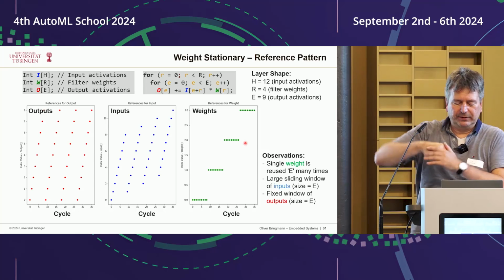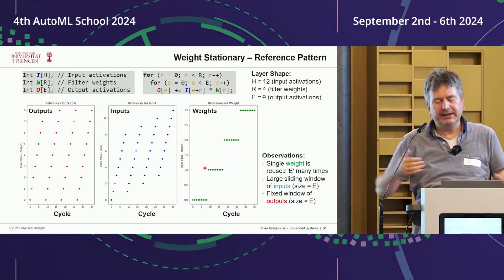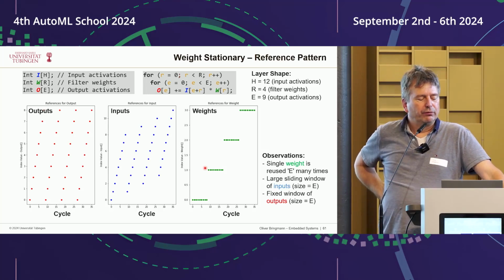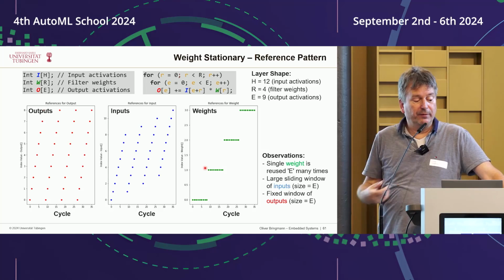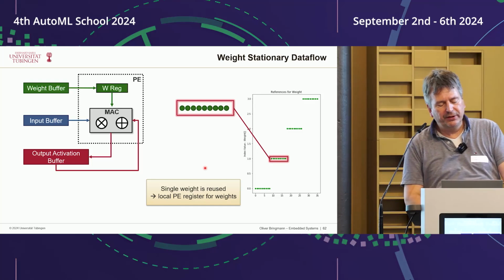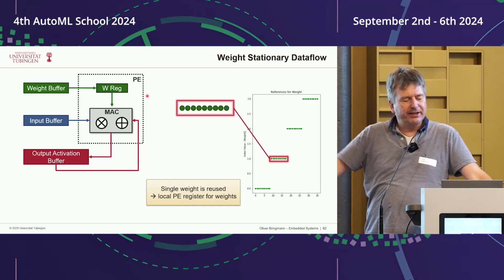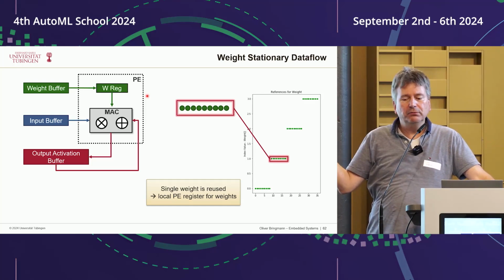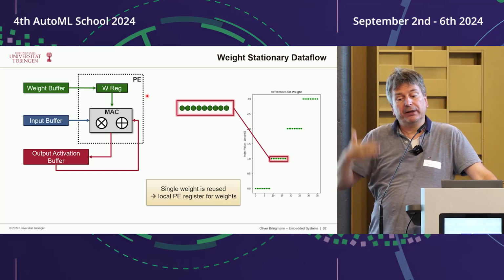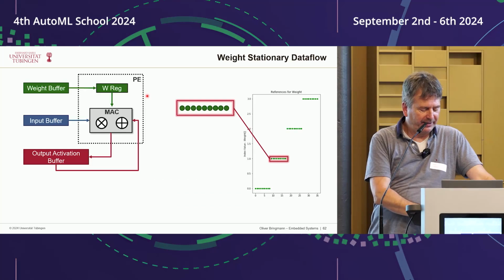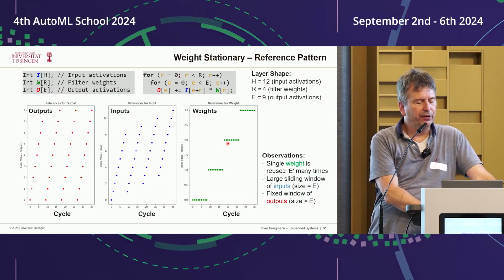Then we jump to the next one, and can access 8 times the same value. If you use this pattern, it's good that you have a register in your processing elements that keeps your weight value, and then you can always access the internal register to deal with that pattern in an efficient way.